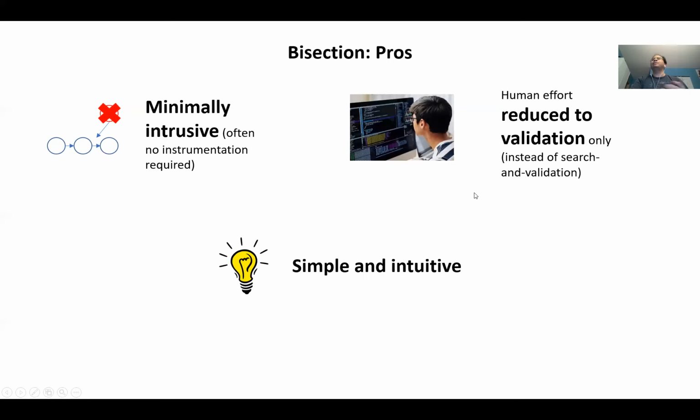So it makes it a little bit simpler in that regard. And then the last advantage is that it's very simple and very intuitive. It's essentially an application of binary search to the problem of localization. And binary search obviously is something that's learned by a lot of software engineers early on in their careers, something they understand very easily. And therefore, the output itself is very easy to understand.